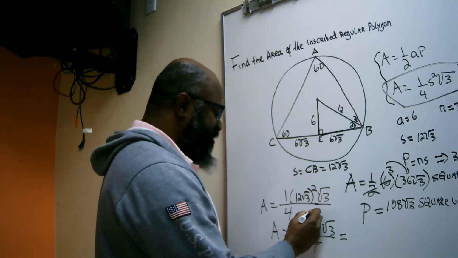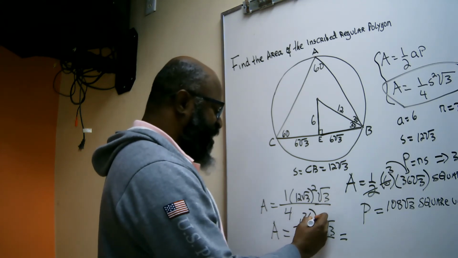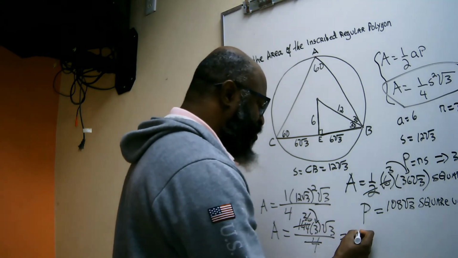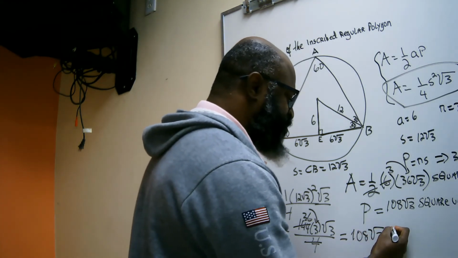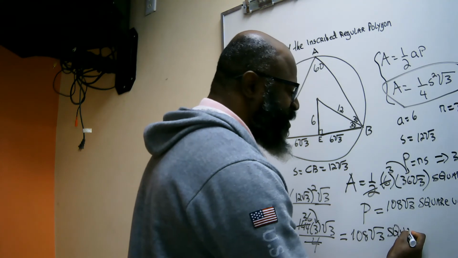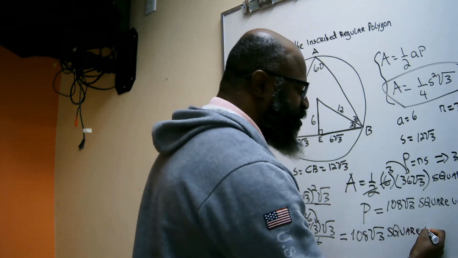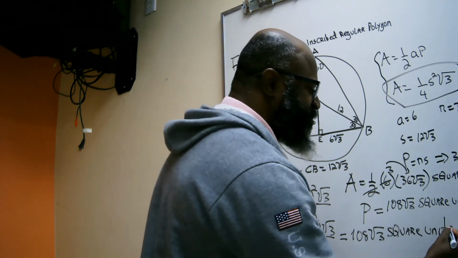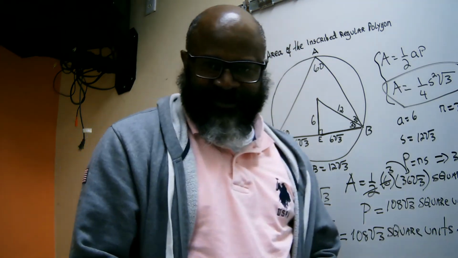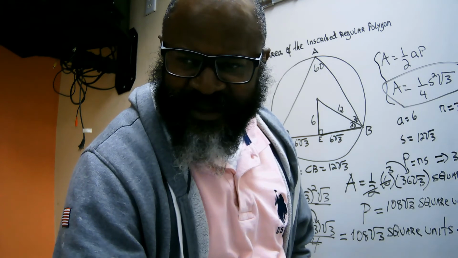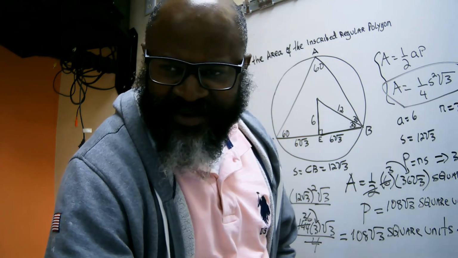This is 36 times. 36 times 3 is 108, square root of 3 square unit. Bang bang, same outcome. Right? Math is fun as long as you know what to do.